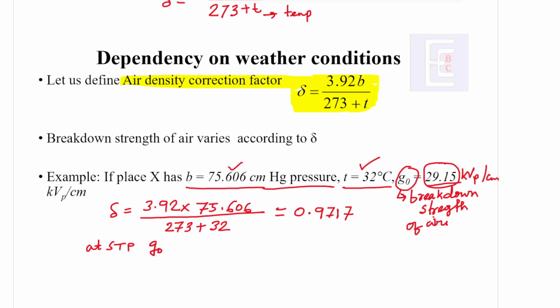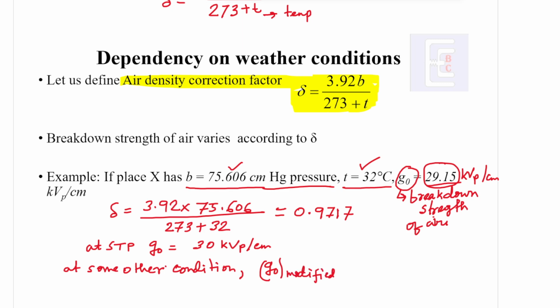Now at STP, my breakdown strength is 30 kV peak per centimeter. At some other condition, the new G0, or modified G0, will be delta times G0. That means it has to be multiplied by this correction factor delta.